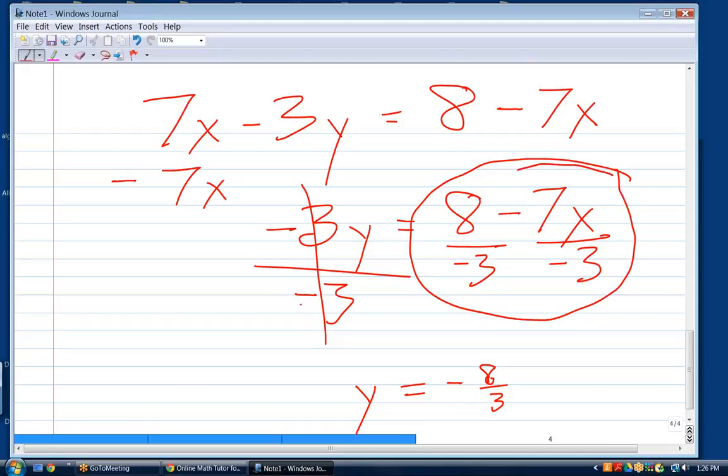But when I go to simplify that, what do I get? The right side? Is that going to become a positive or a negative? That's going to become a positive. Yes, exactly. Positive 7/3 times x.